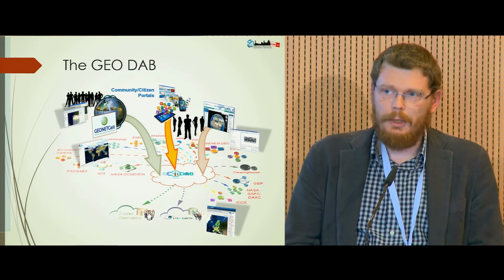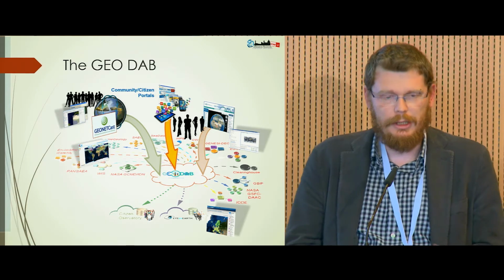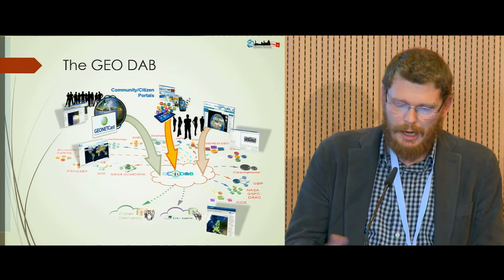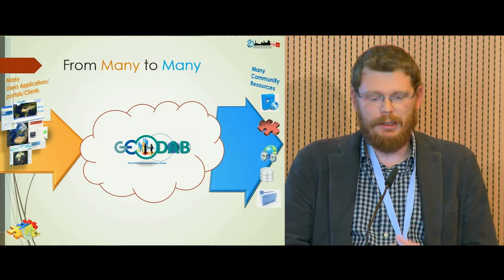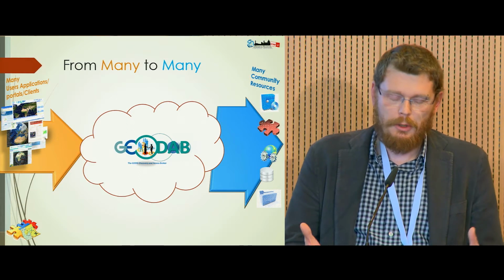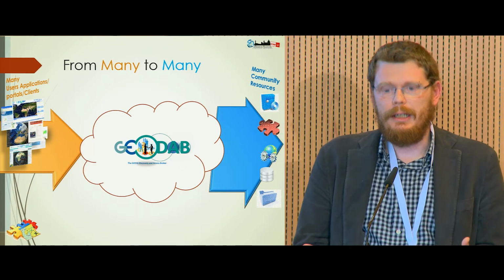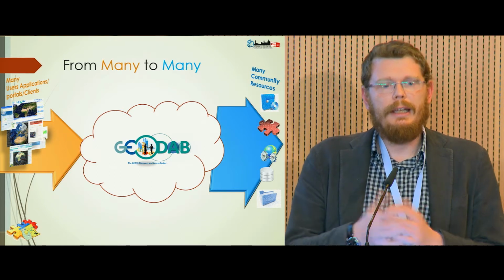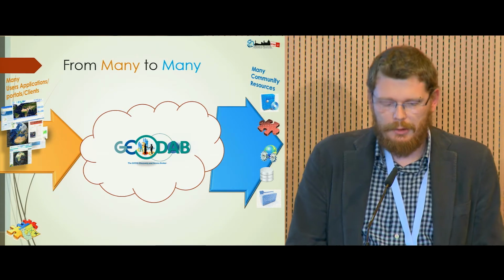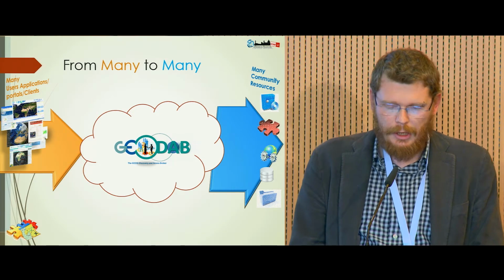And I would like to explain how it is possible to build new applications in this Appathon context, accessing the GEO Discovery and Access Broker. So, how is it possible to access this component? This component aims to connect many client applications to many data providers, taking care of all the interoperability arrangements needed to make this connection happen.